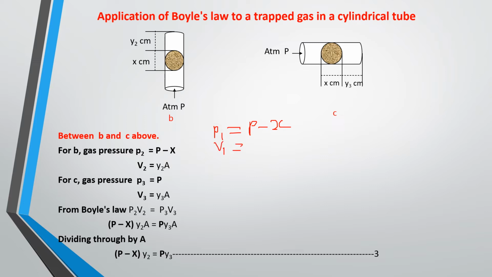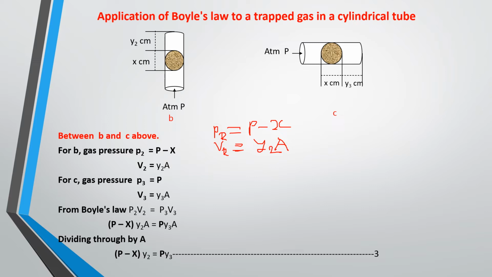In this case we are looking at it as P2 and V2, which gives us Y2. Just take note that we are relating the pressure in the second condition to the pressure in the third condition. That's why you are seeing P2 V2.